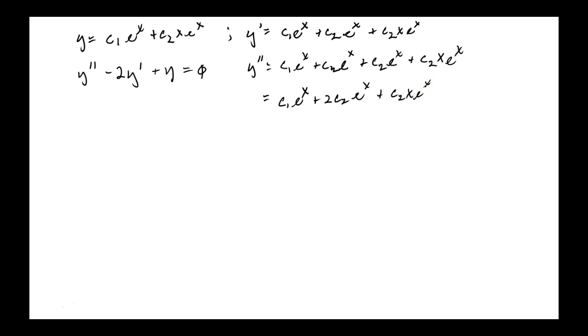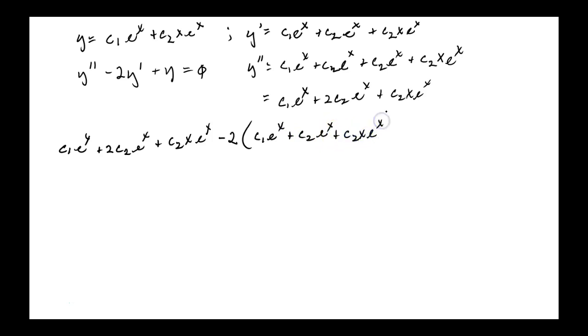All right. Now let's take that y double prime and plug it in here. C1 e to the x plus 2C2 e to the x plus C2x e to the x, minus 2 times y prime. Y prime was C1 e to the x plus C2 e to the x plus C2x e to the x.